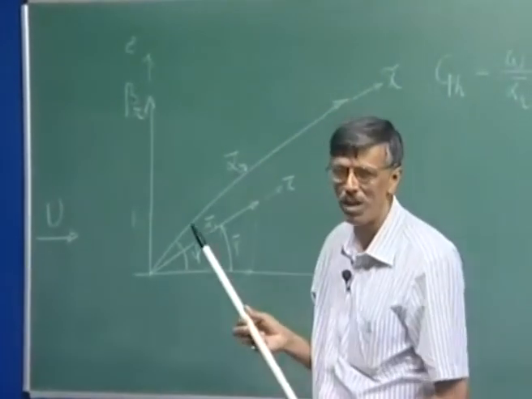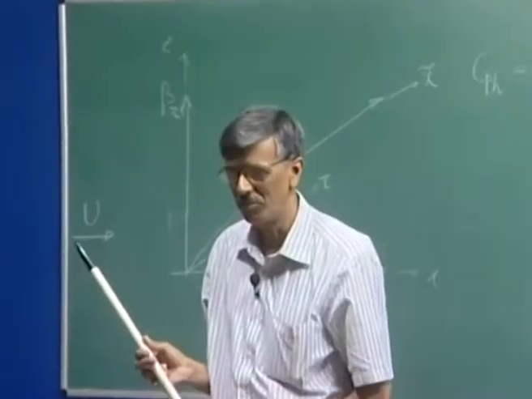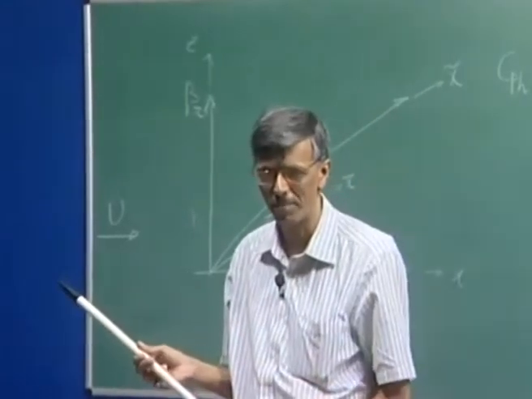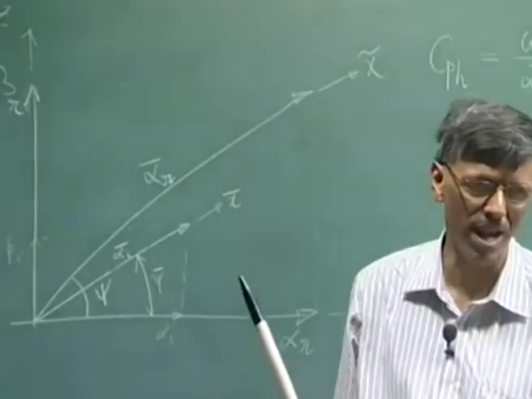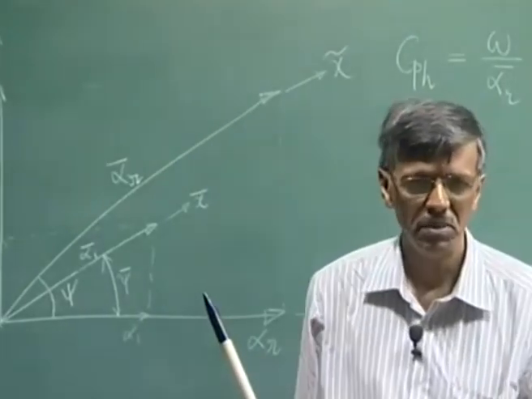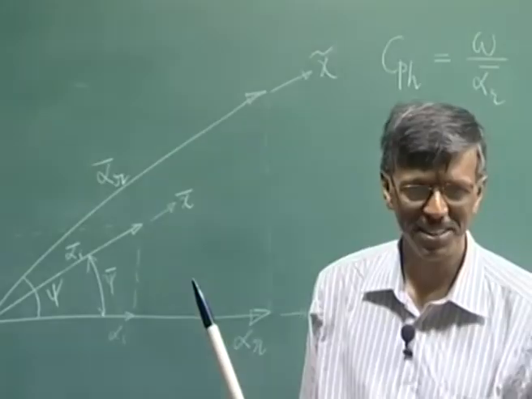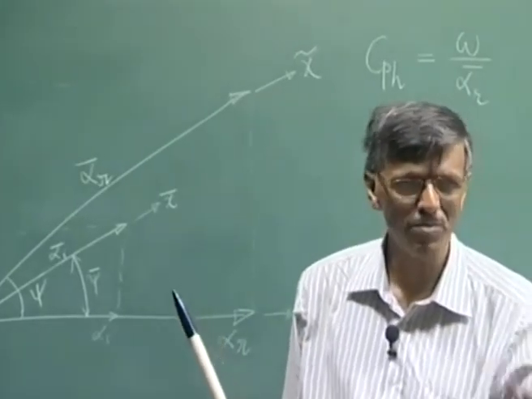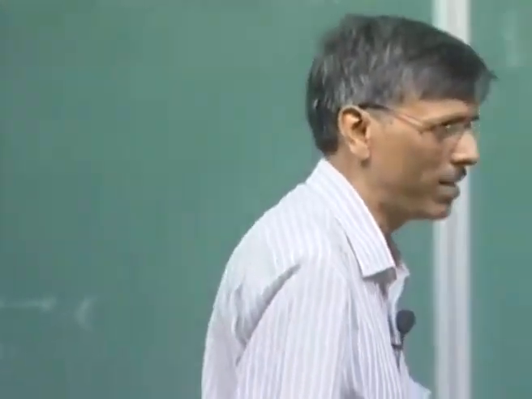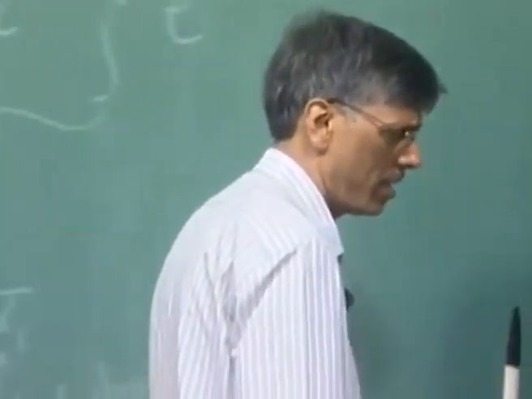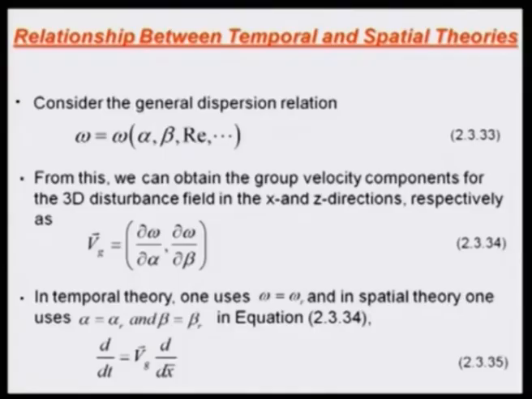You should be able to pick up which way the disturbances are propagating. Well, one has to do additional work. You may have to heat the wing from inside to amplify those pictures better. But you see that spatial theory is a little more complex than temporal theory. So, that is what we need to look at.